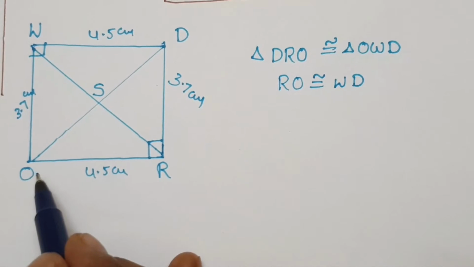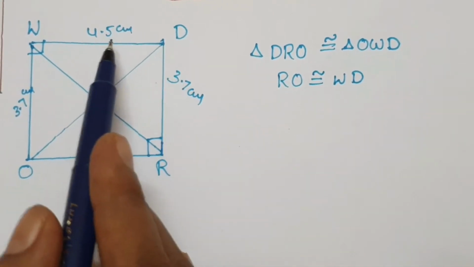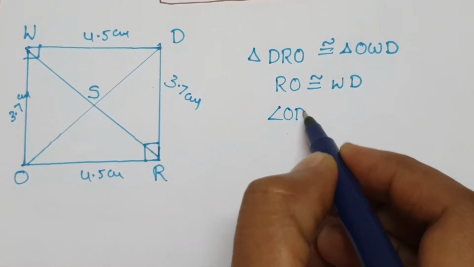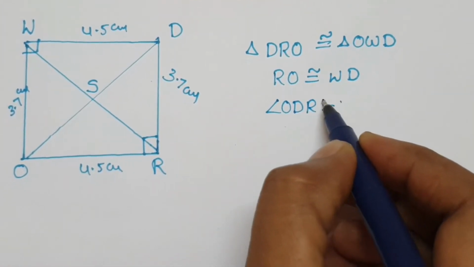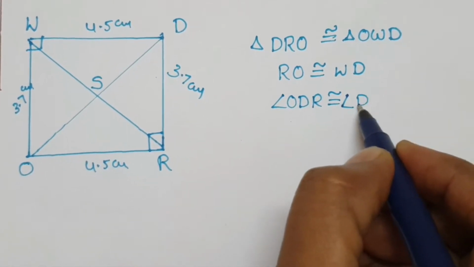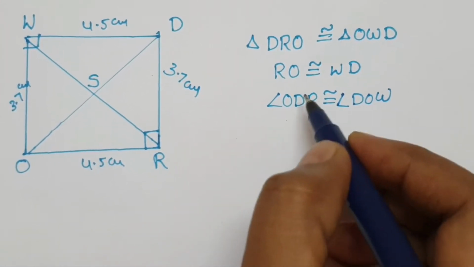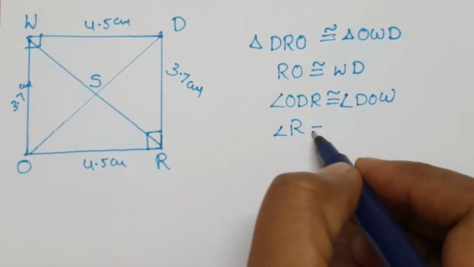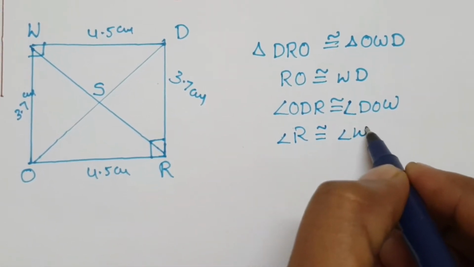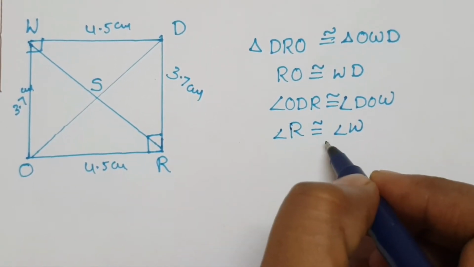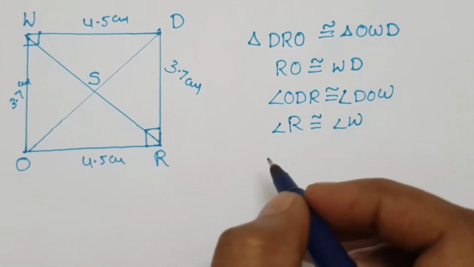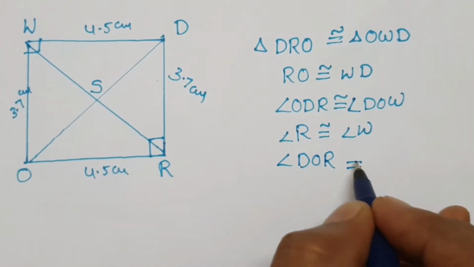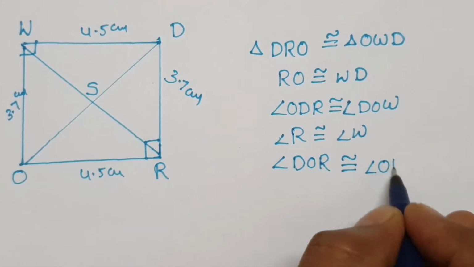RO is congruent to WD, 4.5, 4.5, like angle ODR is congruent to angle DOW. So what are equal, that are congruent. And angle R is congruent to angle W. And another one, angle DOR is congruent to angle ODW.